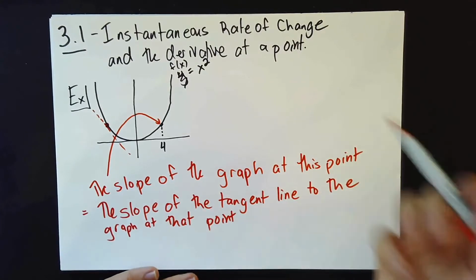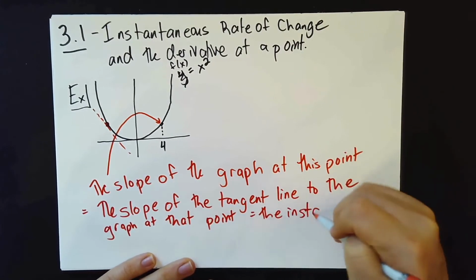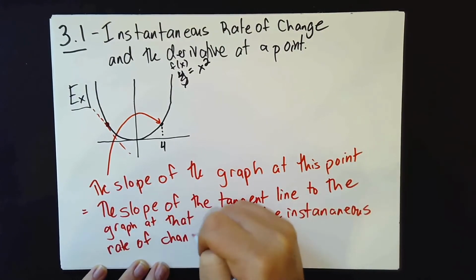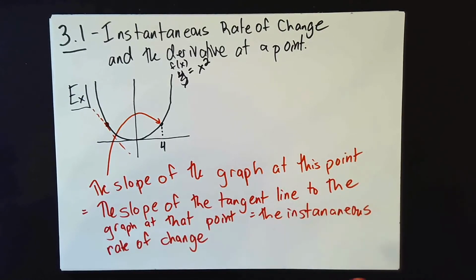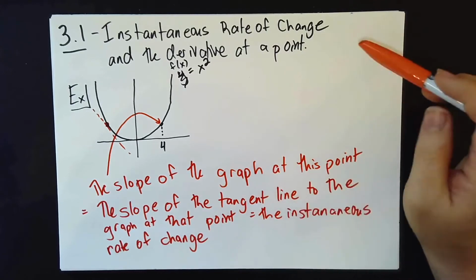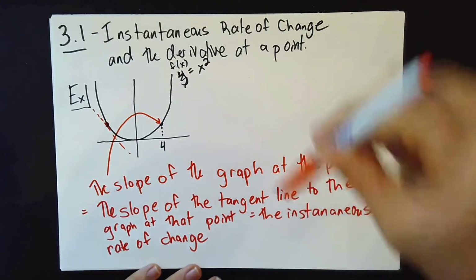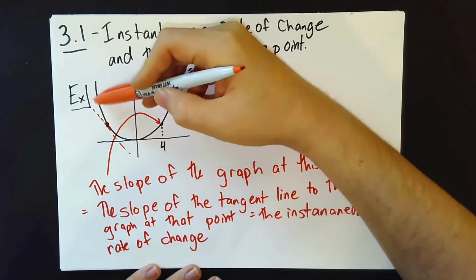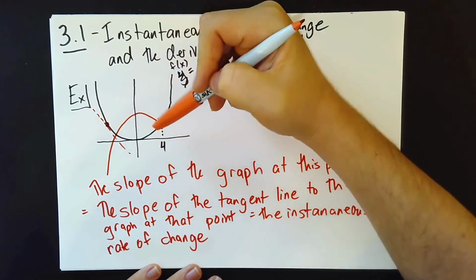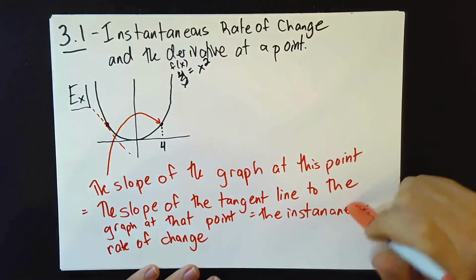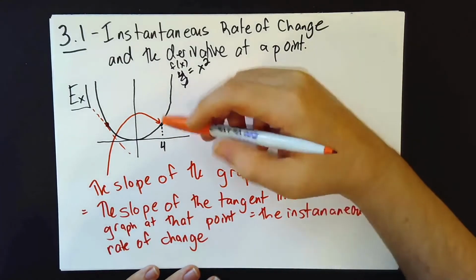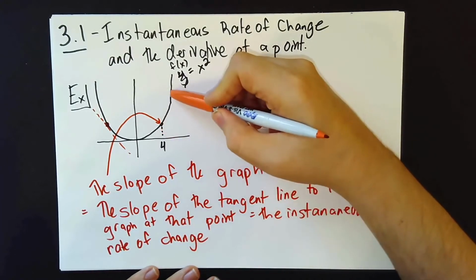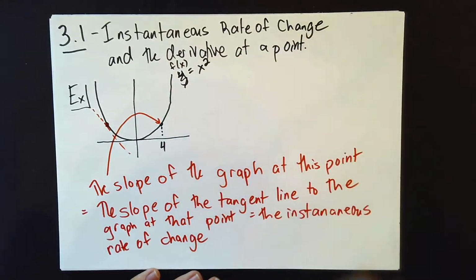And that's why this is called the instantaneous rate of change at the point. It's the rate of change, or the slope, at a particular instant. And at every other instant, there's also an instantaneous rate of change, but it's a different instantaneous rate of change. So the slope here is different than the slope here, is different than the slope over here, and so on.